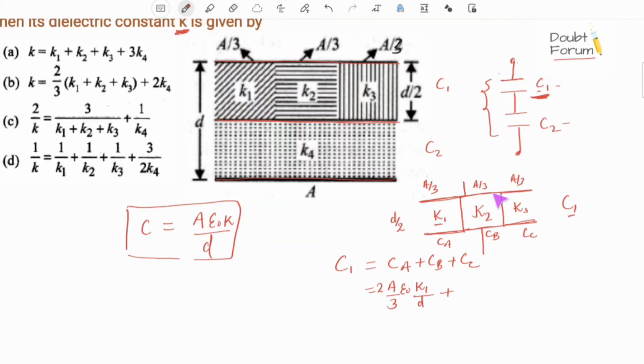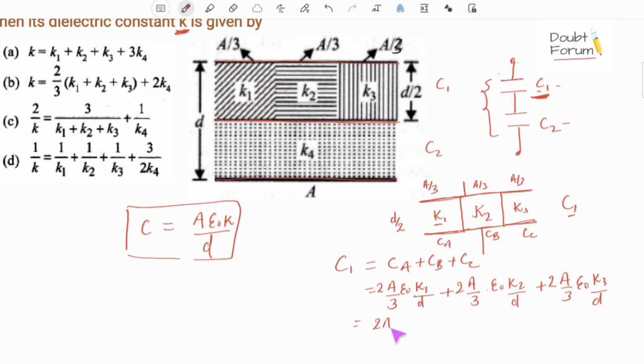Similarly, for the middle portion in which a dielectric material with dielectric constant K2 is filled, the capacitance of this portion will be calculated as A by 3 epsilon K2 upon d by 2. Similarly, the capacitance of the third portion can be expressed as A by 3 epsilon K3 divided by d by 2.